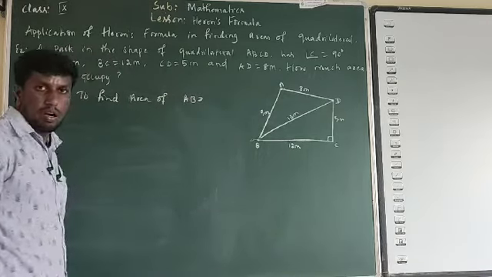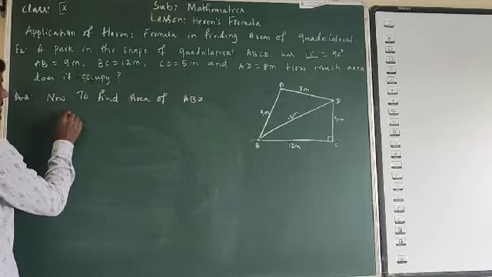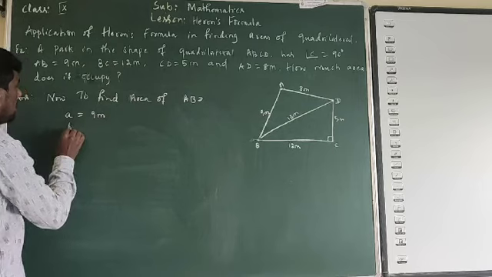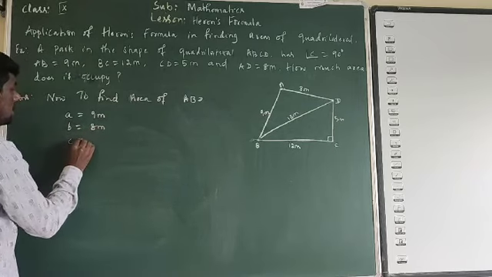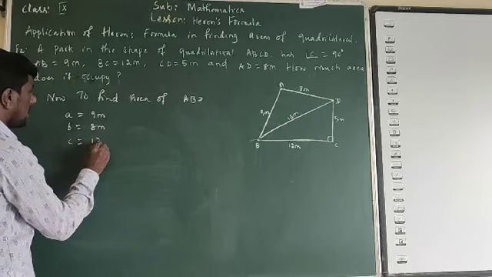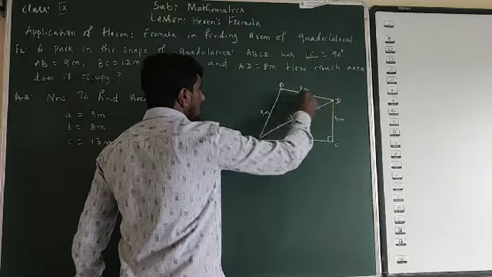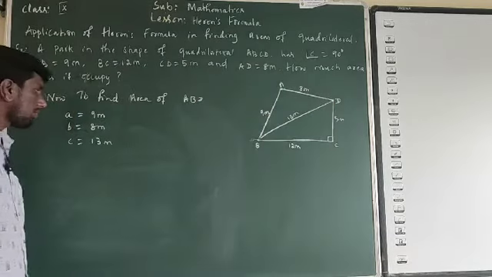Area of ABD. We will use the Heron's formula. Okay, so let me take a is equal to 9 meter, b is equal to 8 meter, c is equal to 13 meter. Correct? In the triangle ABD, a 9 meter, b 8 meter, c 13 meter. Clear?